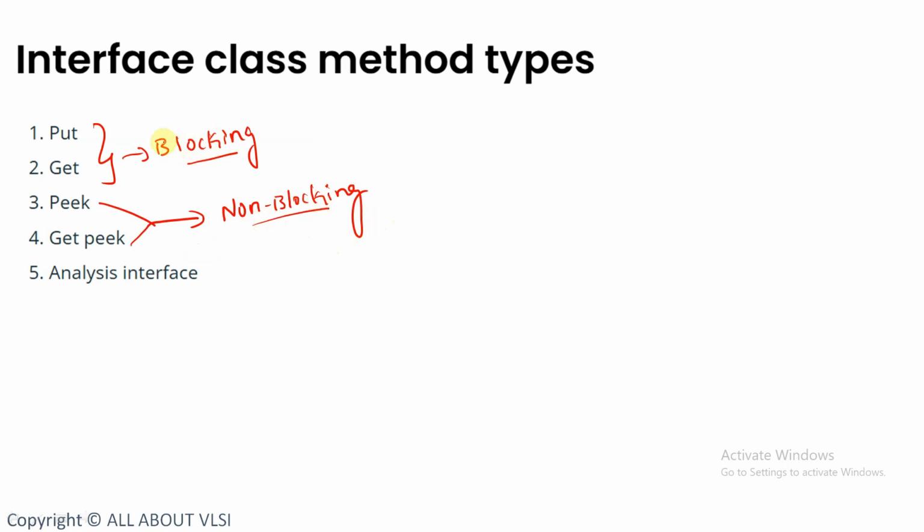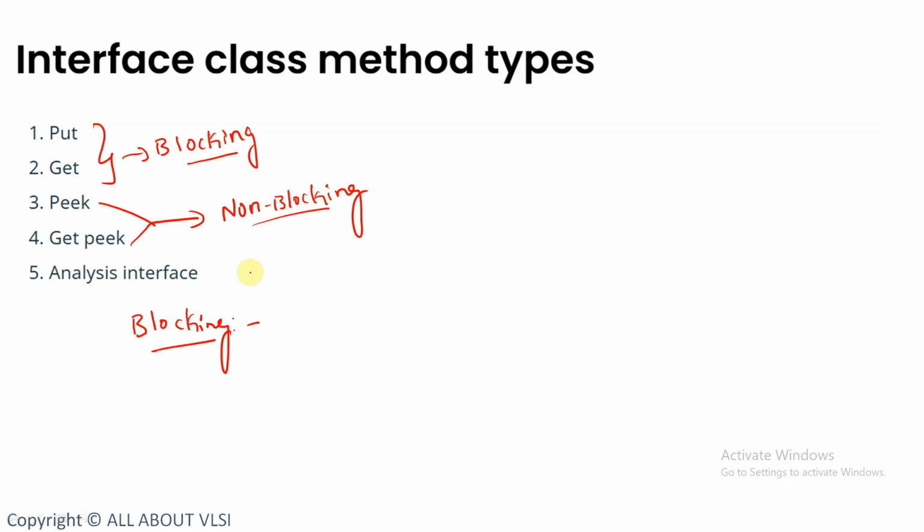So what do we mean by blocking method? Blocking means that if we call any method, let's say it may be a put method or a get method, using our port, then the port is going to wait until the method responds. If the particular process is not completed, then we are not going to move further.